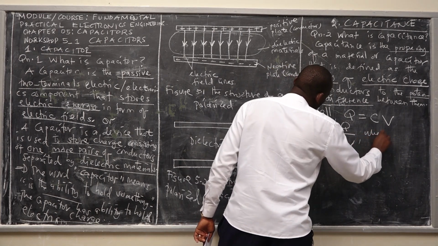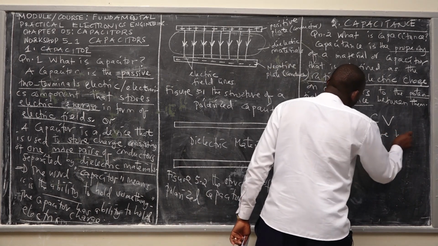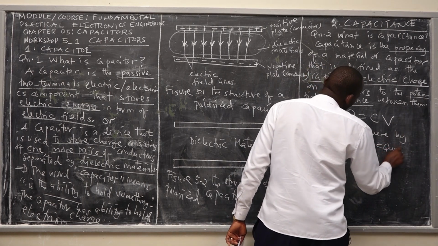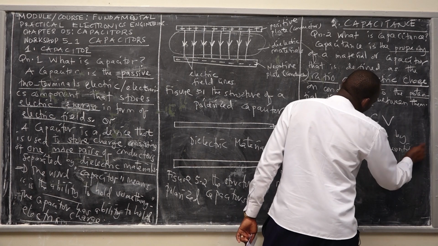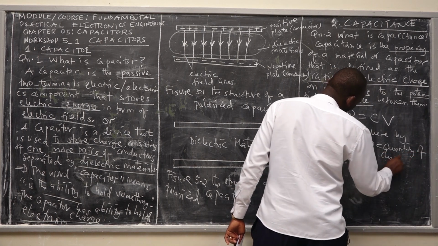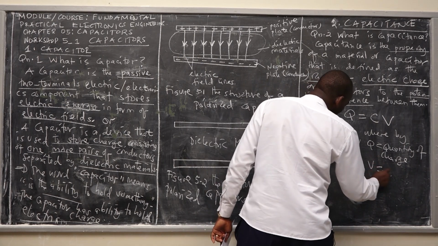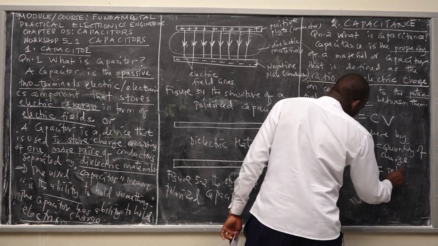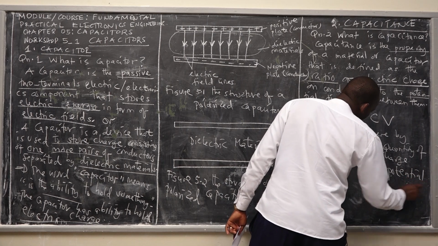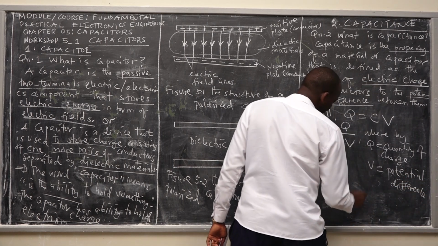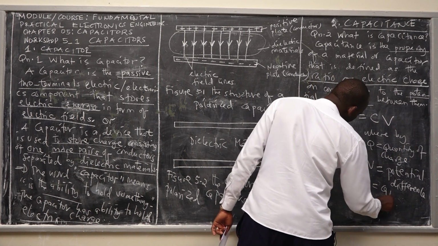Where Q represents quantity of charge, V represents potential difference or voltage, and C represents capacitance.